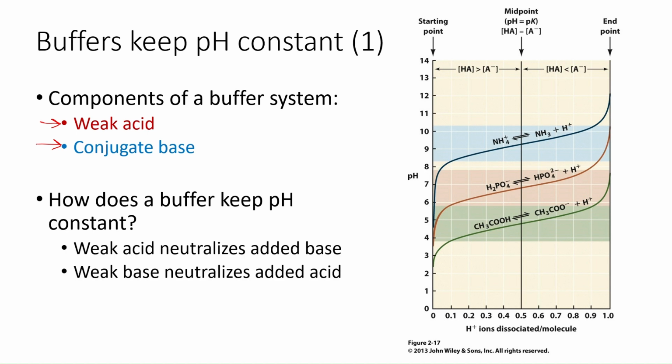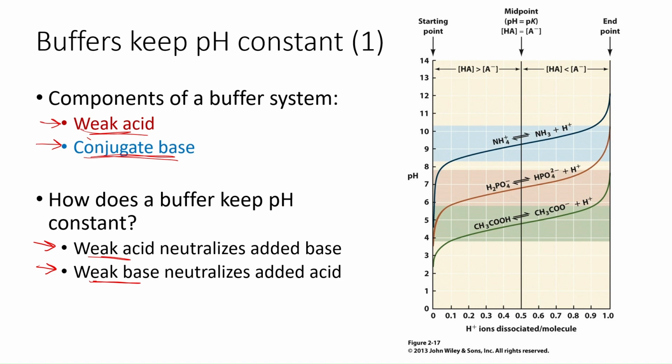Well, for either direction, starting with this first example, if you try to add a base to your buffer, the weak acid that's present in your buffer as one of the components will help to neutralize the base that you add. Similarly but different, if you try to add an acid to your buffer, the conjugate base that's present, the weak base, will neutralize any acid that you add.